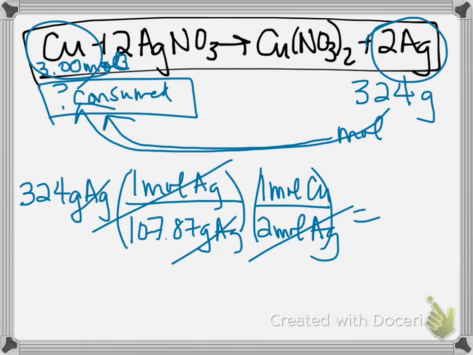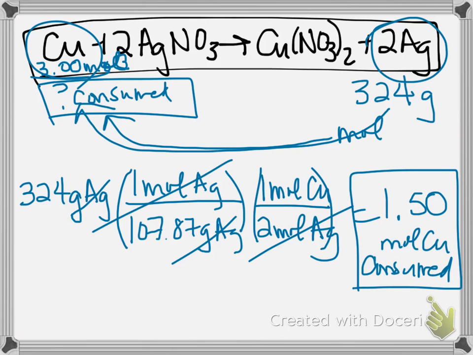I've got 324 divided by 107.87 times 2, and I get 1.50187. It keeps going. But I get about 1.50 with 3 significant figures moles of copper. Okay? Consumed or used up.